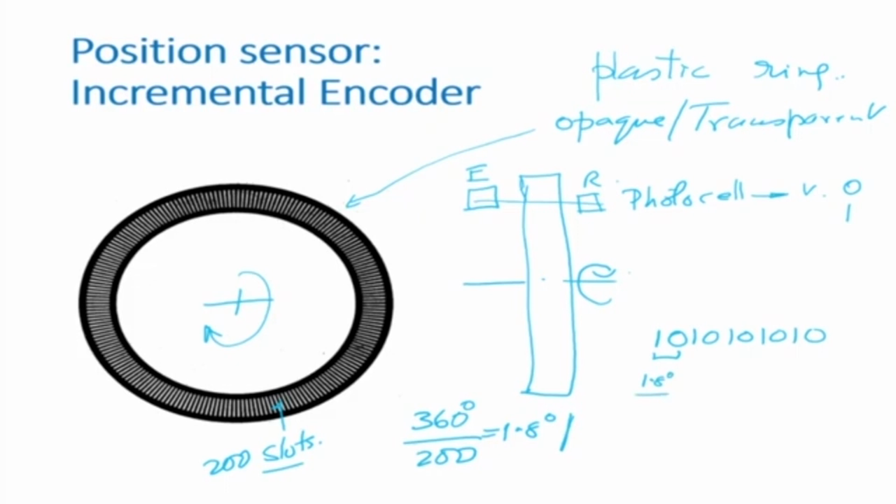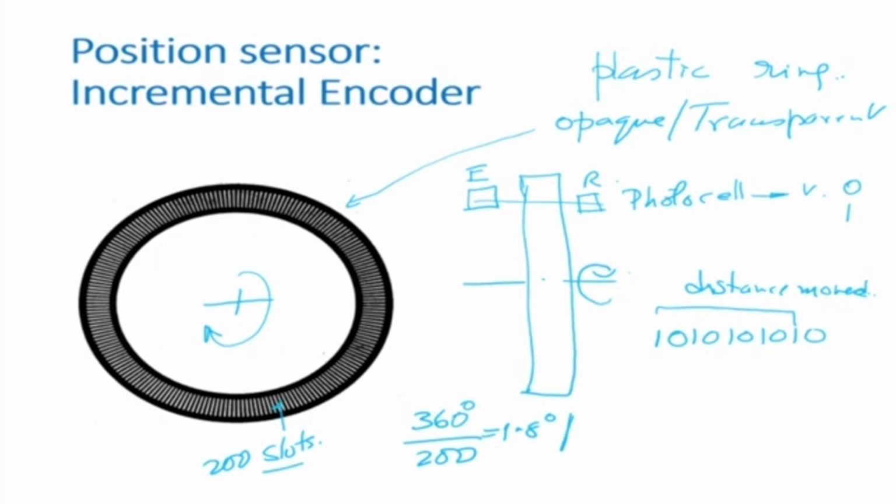If you know the distance between any two bits, and you know it has gone this many times, then you know the total distance moved. This is how we can measure position, by counting the number of bits which have gone through, because we know the distance between any two bits, and they correspond to the transparent or opaque sections.